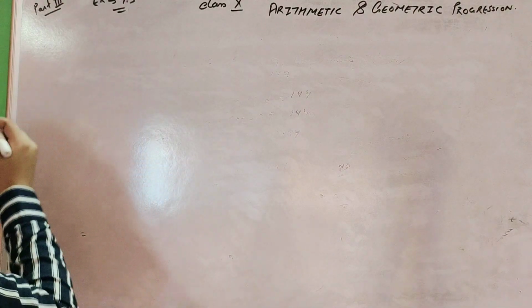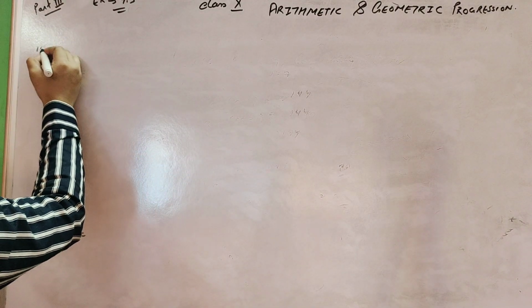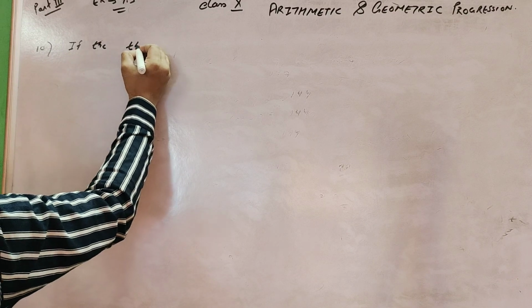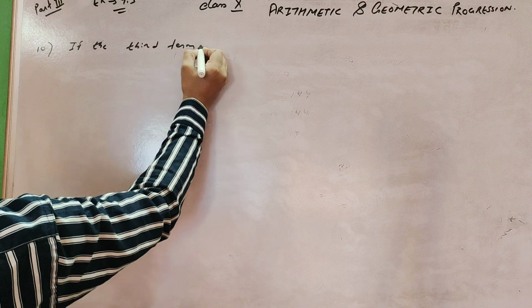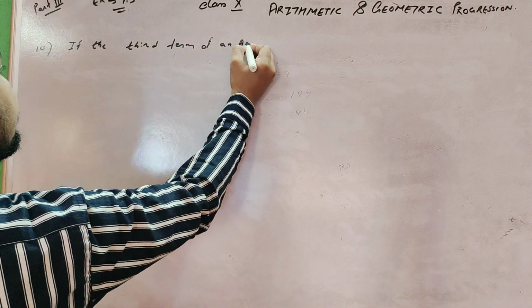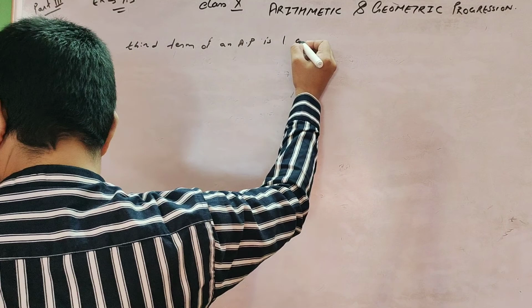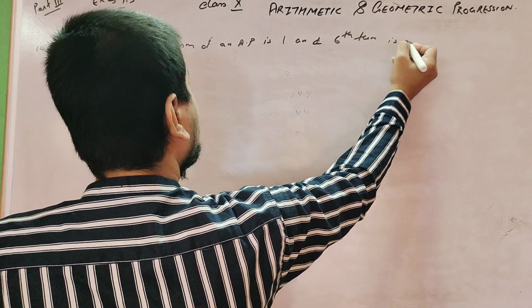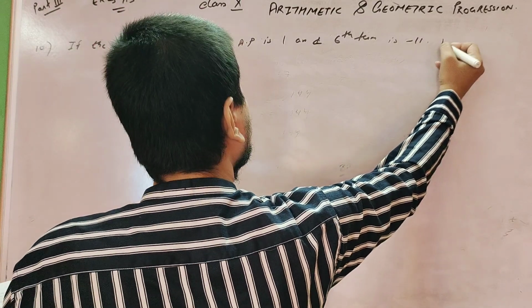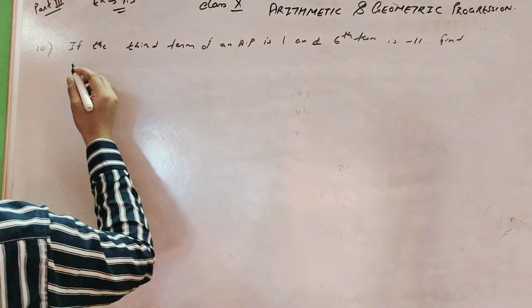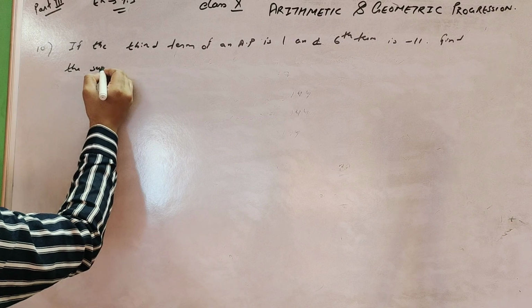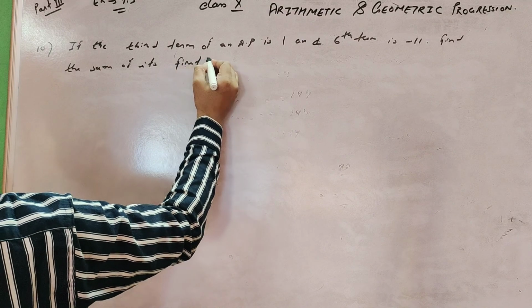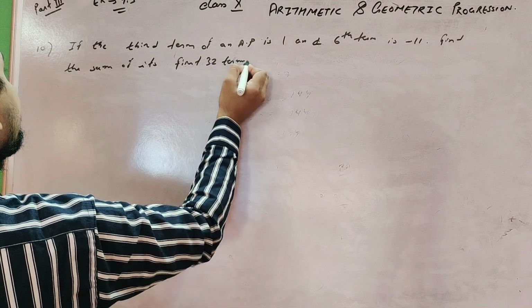Question number 10. If the third term of an AP is 1 and the sixth term is minus 11, find the sum of its first 32 terms.